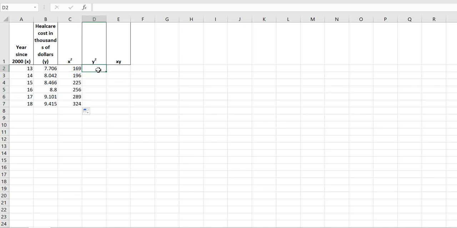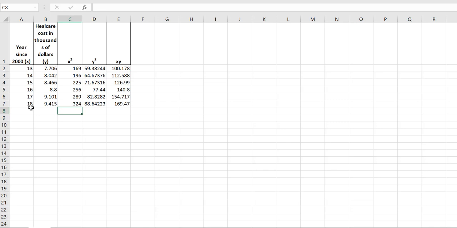We're going to square all our y values, so same thing, equals, we'll grab our y value, caret 2 for squaring there. Again, we'll grab our little box, drag it down, and then again, x times y, we'll just pull x times y. And then again, drag that down as well.